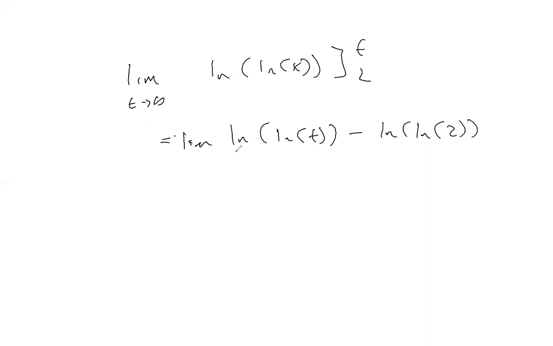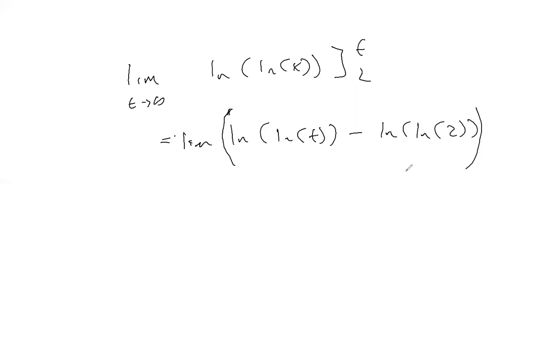What's the limit of this whole thing? Okay, this part is just a constant. Is it defined? I take ln of 2, and I get a positive decimal number. Then I take the ln of that. Well, it might be a negative number, but it's still just a finite number.